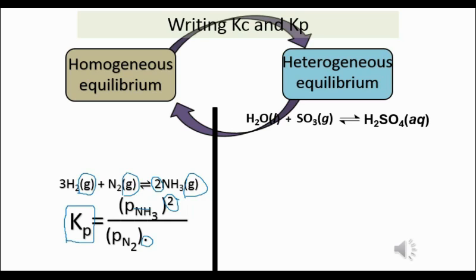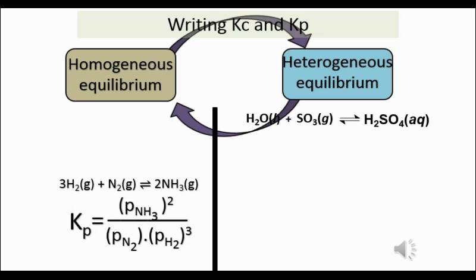It will be divided by the partial pressure of the reactants. Firstly, we have nitrogen, N2, the partial pressure of nitrogen. Note, you have a dot symbol here. It means you have to multiply with the partial pressure of another reactant. Now the other reactant is hydrogen.